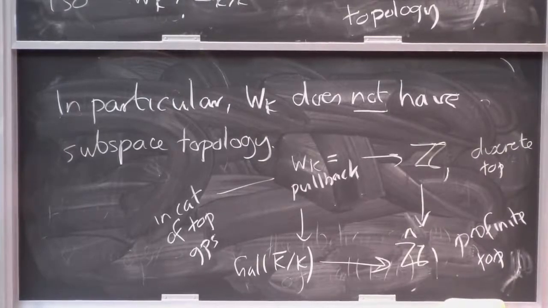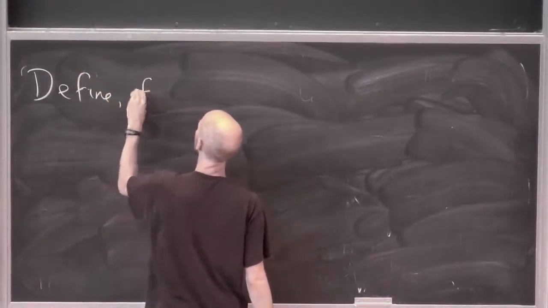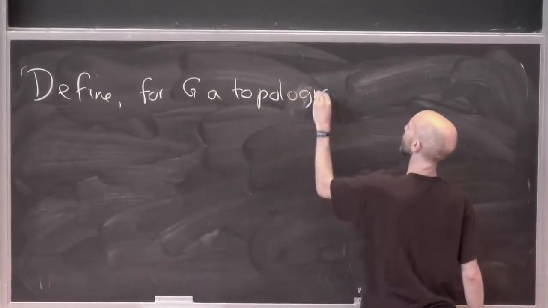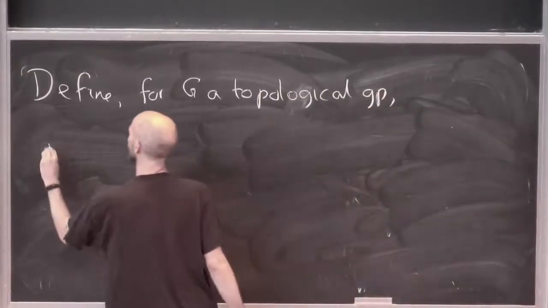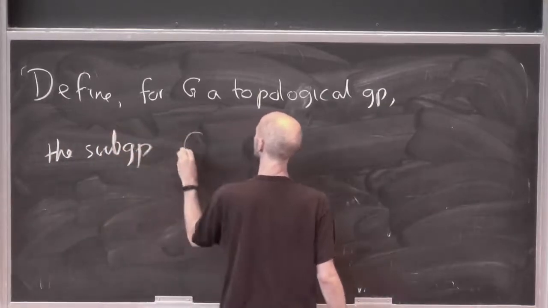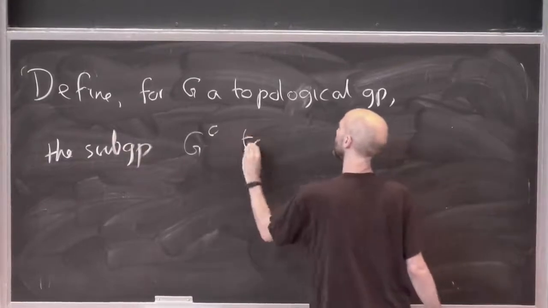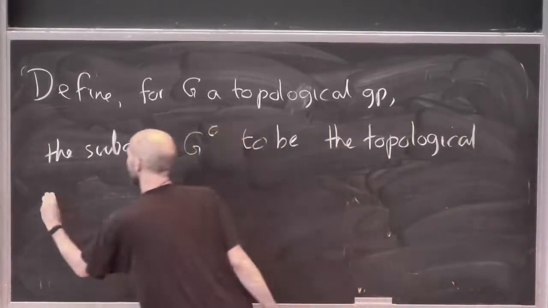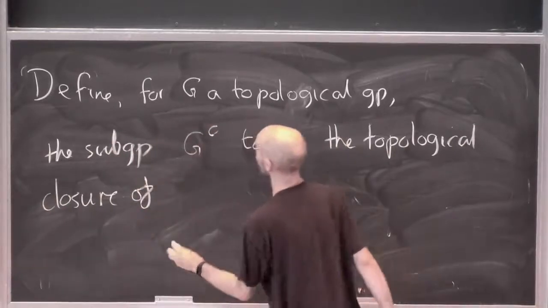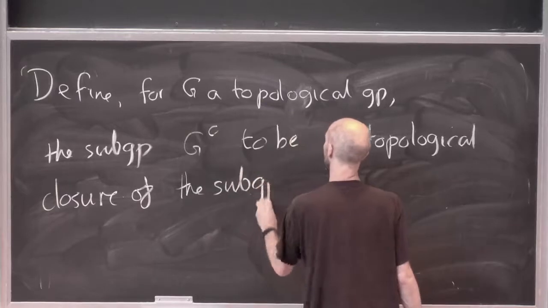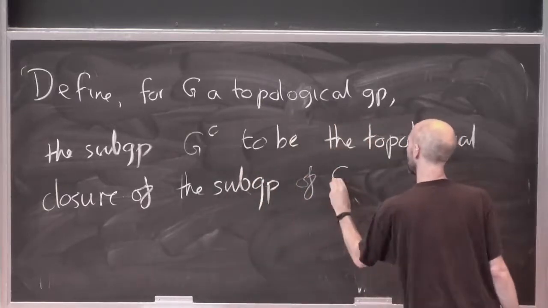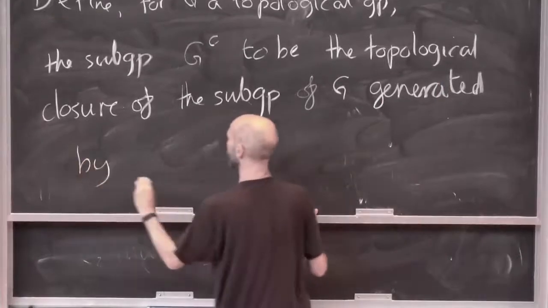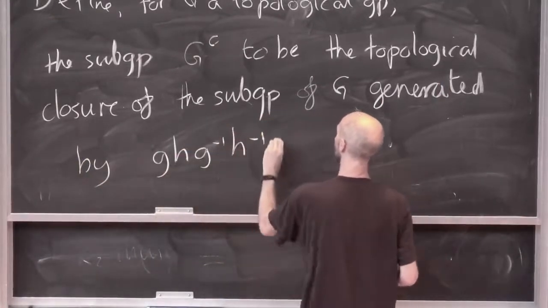Let me define, for G a topological group, the subgroup GC to be the topological closure of the subgroup of G generated by commutators, the usual thing, g, h, g inverse, h inverse for g and h in G.